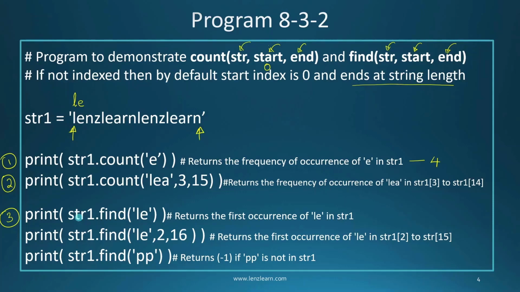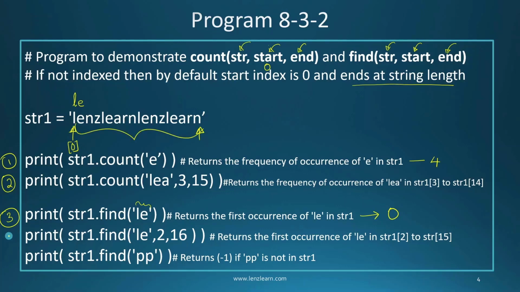So now find can stop because it has found the combination LE inside the string. The first character match for this LE was found at index value 0. So this print statement will print 0. It means that at index 0, I have found LE inside the string.